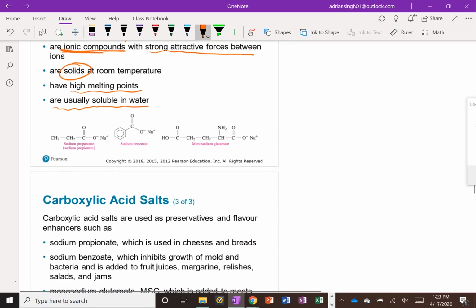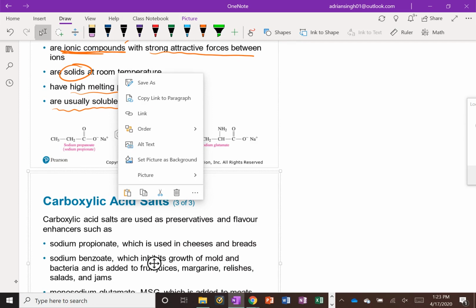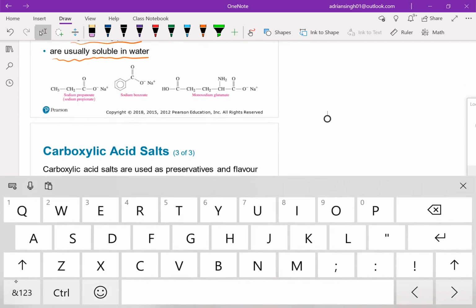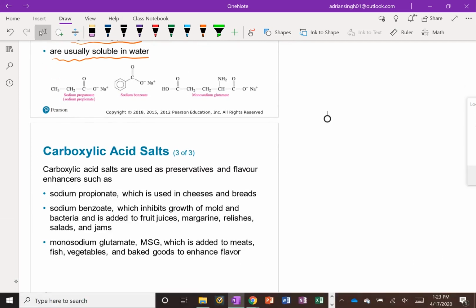All right, so here are some examples. We mentioned a couple of these before. So for instance, the monosodium glutamate that I mentioned, or MSG, is added to enhance the flavor of different things that you eat and drink. A couple of other ones that are used for enhancing shelf life, like sodium benzoate, that's shown up here.